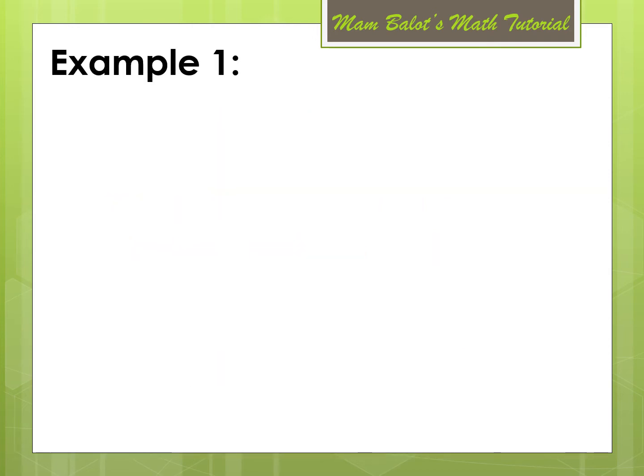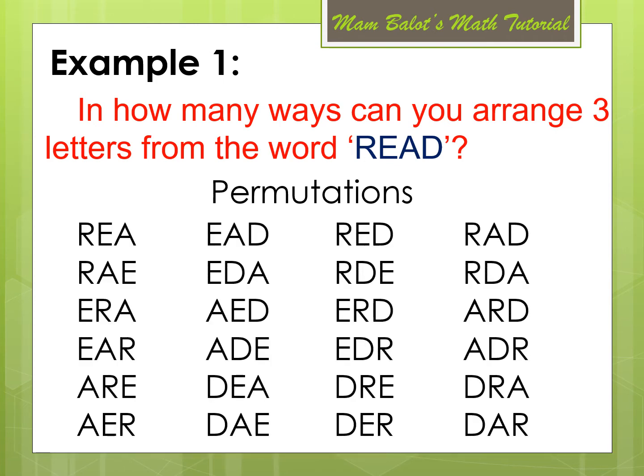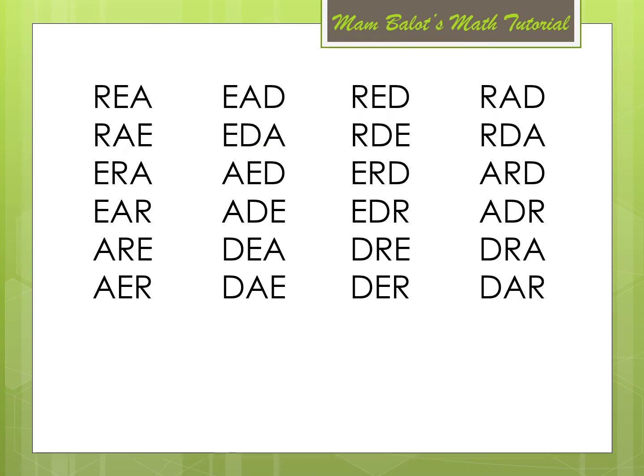Let us have example number 1. In how many ways can you arrange 3 letters from the word red? Observe here that we have 4 letters and we will be taking only 3 of them. If we compute using the formula of the permutations, we arrive at a value of 24, which means we have 24 different arrangements, which is shown here. Now if we focus on these different arrangements, observe that this group here have the same letters, only they have different orders.